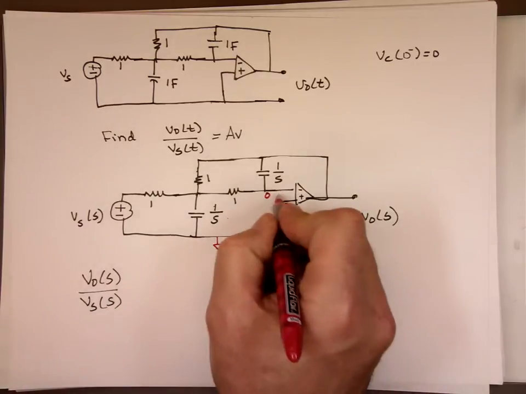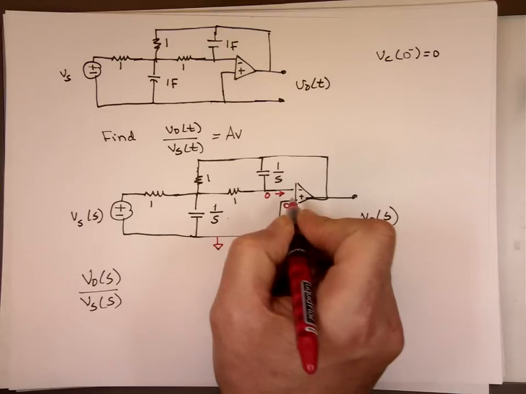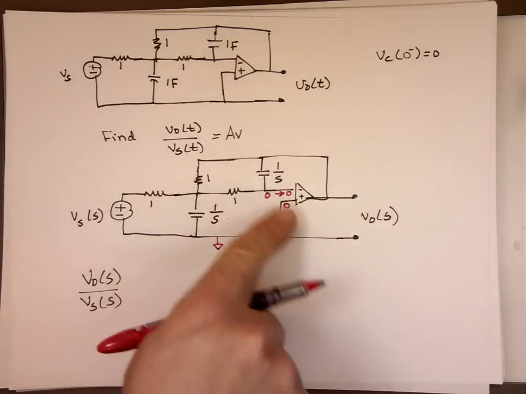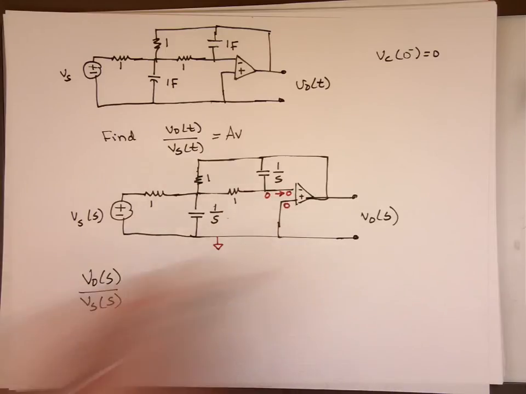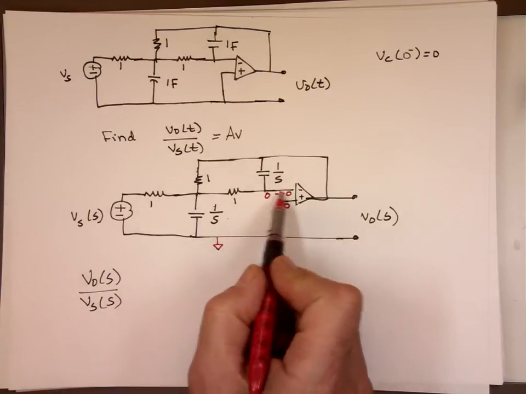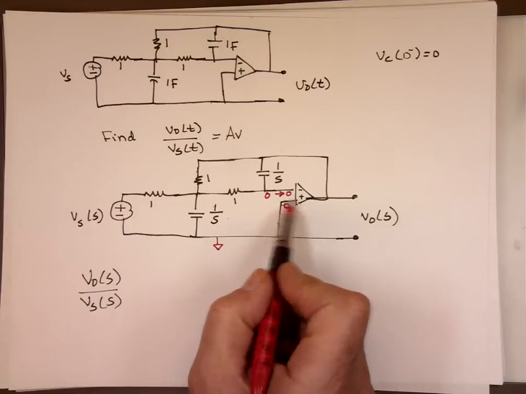The current going in this direction is what? 0. I in going to that op amp from this end is going to be 0. So is the current coming out of this end. These are the two assumptions we made: that the voltage here and the voltage here are the same, and the current going in here and the current coming out of this end are both zero.